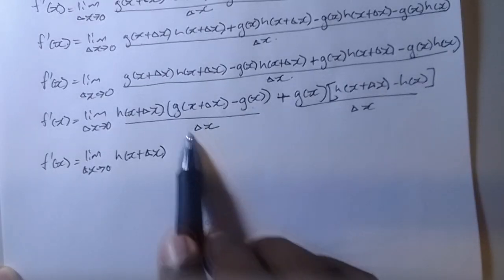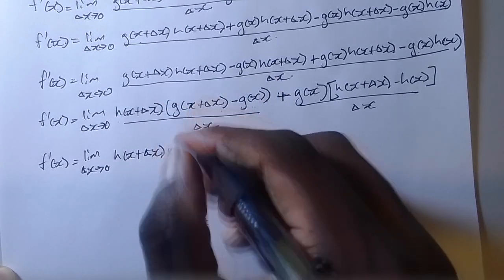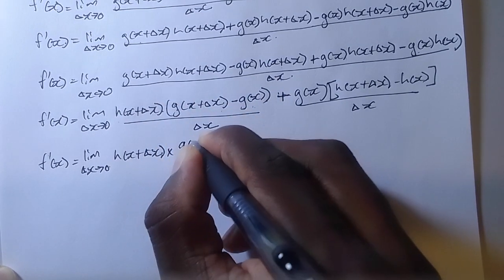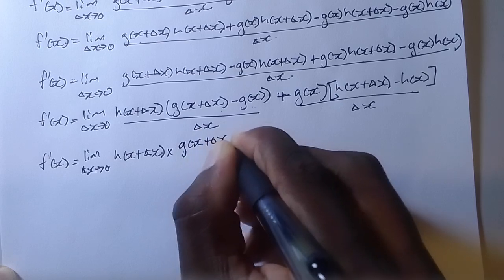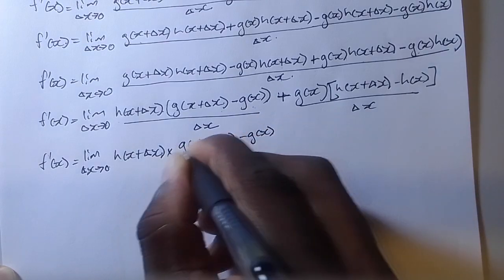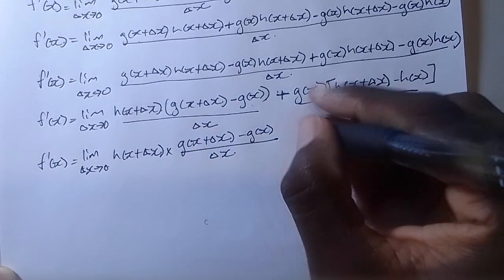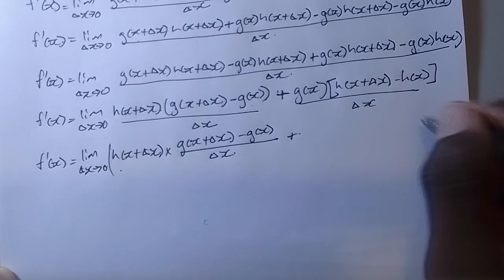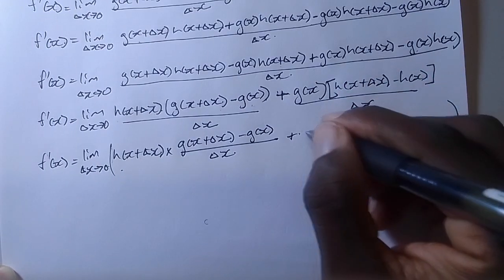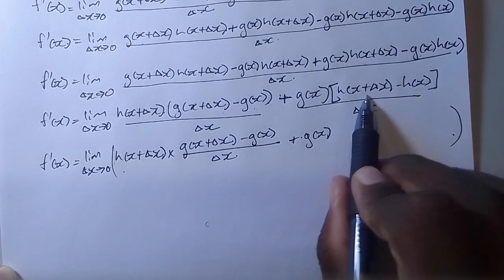Now I want you to isolate these guys, so write them like this: g of x plus delta x minus g of x divided by delta x, plus, we're still finding the limit of all of this, g of x, the same thing you did here, you're doing there.